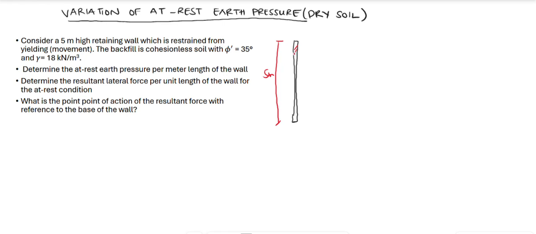So this is my retaining wall. Forgive me for my diagram. Now, the soil will start from here, the ground surface, to the base. So this is the base of the soil. Then the unit weight of the soil is 18 kilonewton per meter cubed. Then the angle of friction is 35 degrees, right?